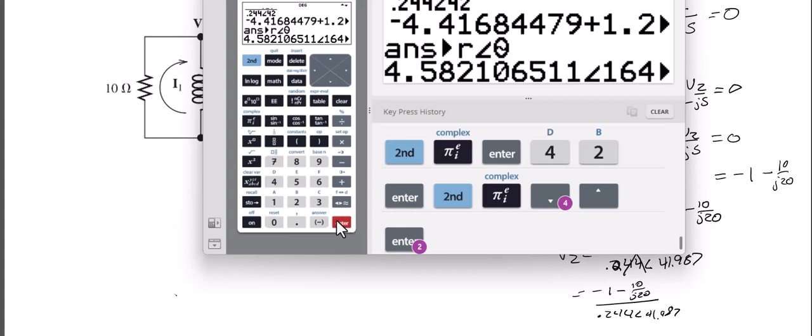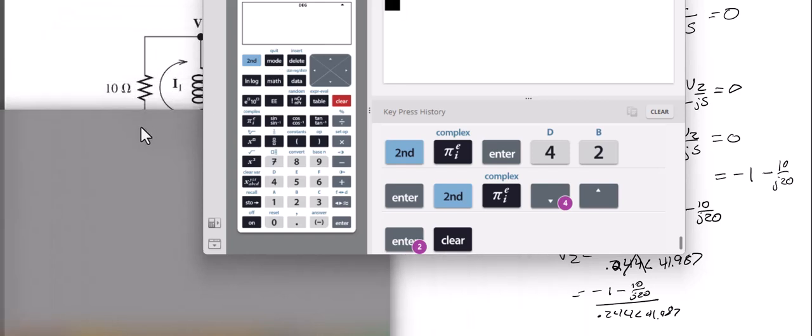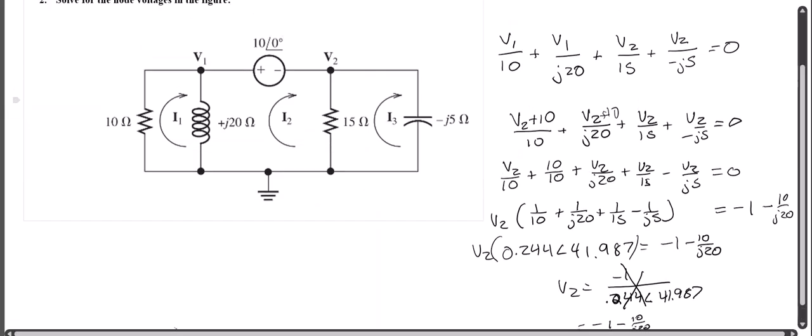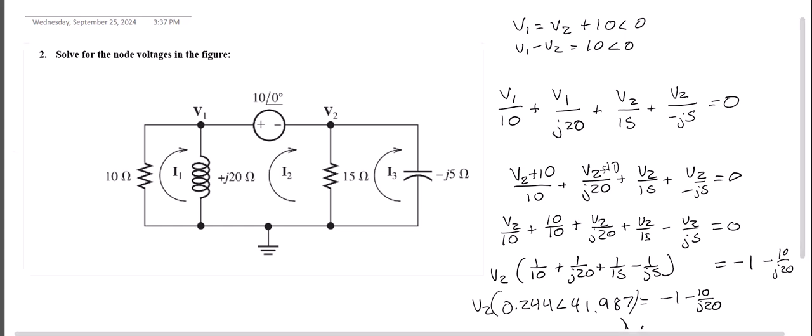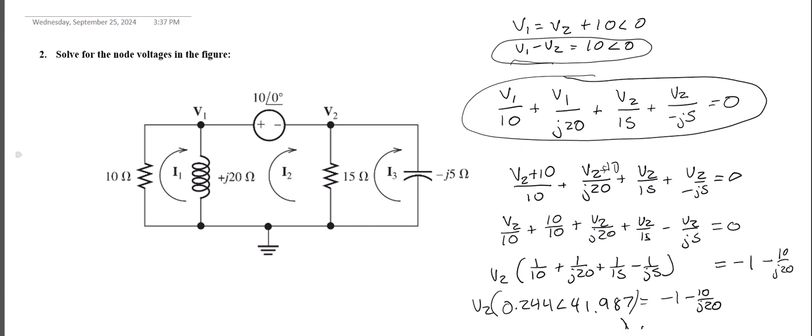Still not the right answer. Let's see, what am I doing wrong? Okay, so getting back to your question, the way I do a supernode is you have two equations. One equation is your relationship between the two nodes, which I have right here. The other equation is your nodal equation that you get from summing up all the currents coming out of the nodes.